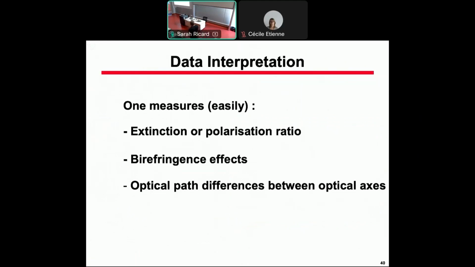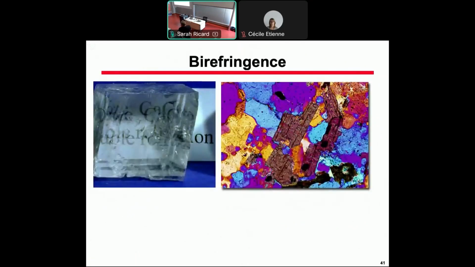That's a little bit more difficult, but it's rather easy to understand. You need to induce changes, and you need to induce different changes on the different polarizations. So birefringence, for example, is a very famous, very classical calcite experiment.